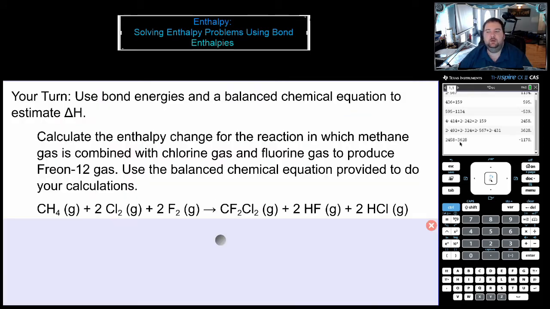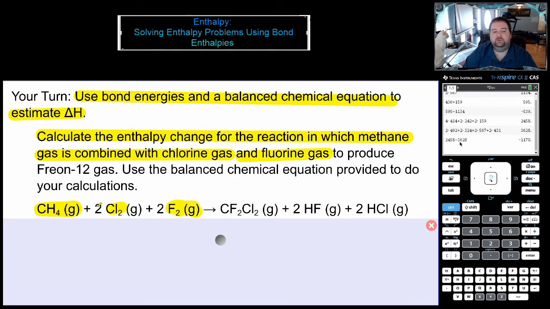Okay, let's move on. All right, let's give this one a shot. So you're being asked to use your bond energies and the balanced equation to estimate delta H, just like we did in the previous problem. And we're calculating the enthalpy change for the reaction in which methane, which is CH4, is combined with chlorine gas, so that's Cl2, and fluorine gas, so that's F2, because these are both diatomic molecules, to produce Freon 12 gas, which is CF2Cl2.